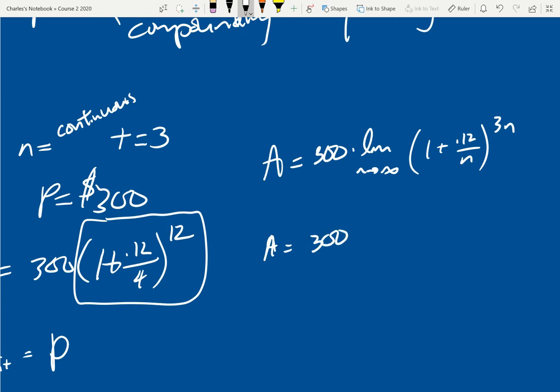Now here's what I'm going to do. I'm going to change this so I have the limit as n goes to infinity of 1 plus 0.12 over 0.12 n.